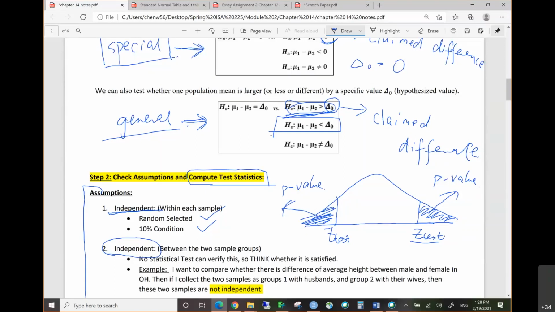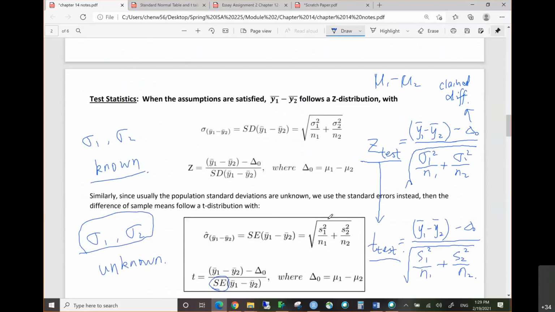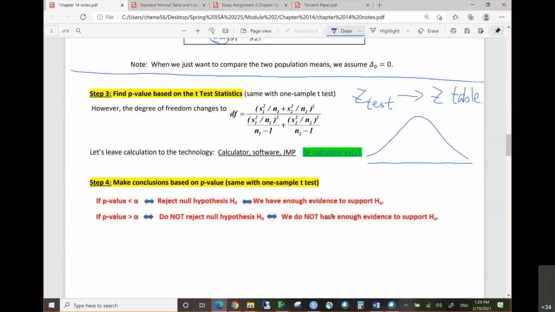And if we are testing the two-tail hypothesis, that means your p-value will be this tail plus this tail, right? So you can find either one and then times 2. So the way to find the p-value is exactly the same as what we did in the previous chapters. If you have the z-test statistic, we go to the z table to find the probability to the left, to the right, or the two tails, right? And then the other way, if you have the t-test statistic, how can you find the p-value?